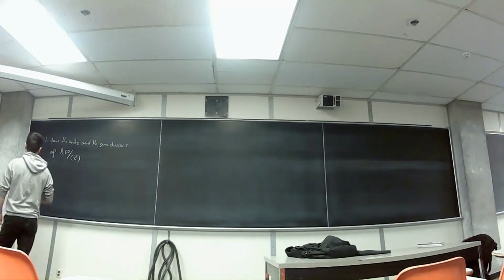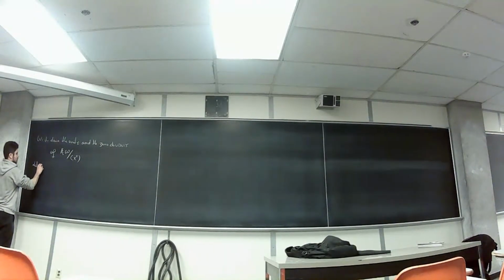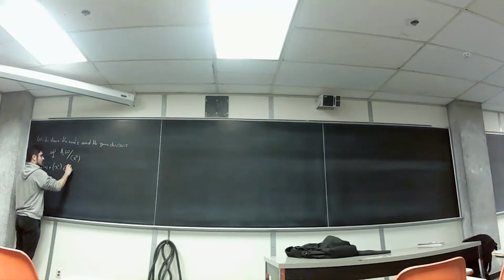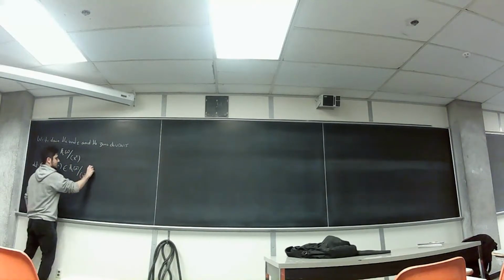Now, when is, let f of x plus the ideal generated by x squared, where f of x is in F5[x] mod x squared, be a unit?